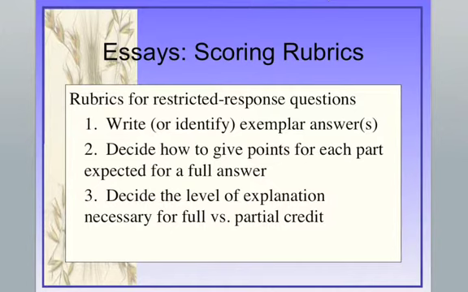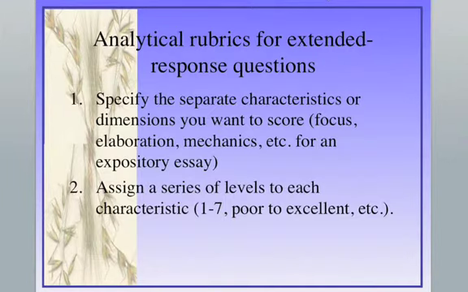So, one way is that we can write or identify exemplar answers and decide how to give points for each part of the expected or the full answer. We have to decide the level of explanation that we need for full versus partial credit. And so for analytic rubrics for extended response questions, we have to specify what the separate characteristics or dimensions that we want to score are.